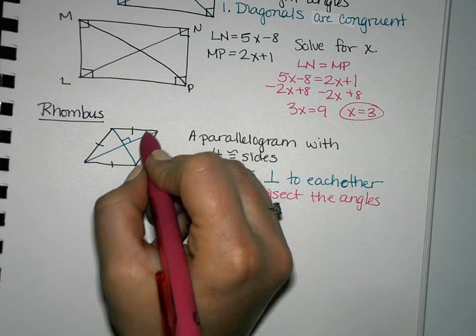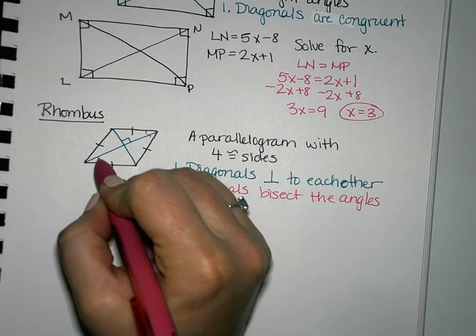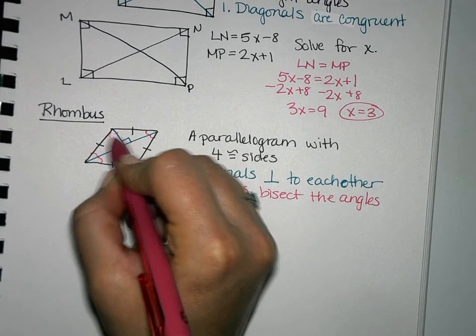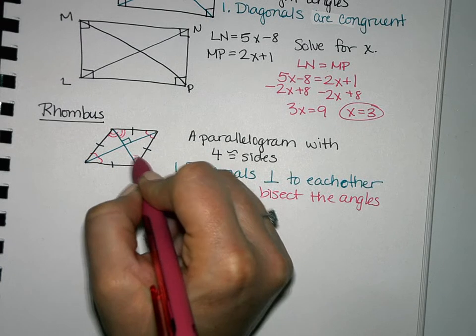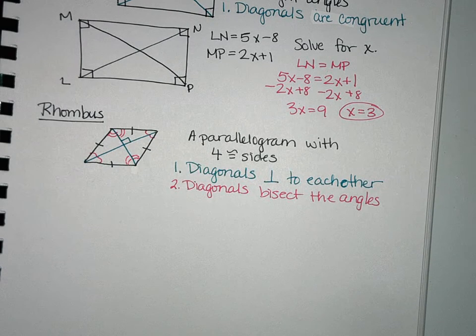So that means each of these angles is cut in half by its diagonal. So we'll still have the four properties from yesterday, plus the additional two listed here whenever we're talking about a rhombus.